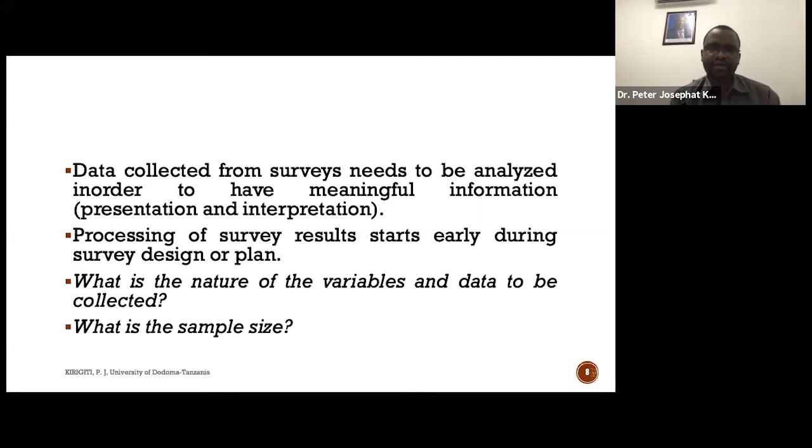This contributes to and determines the test statistics to be adopted and the design plan, the nature of the variables, and the data to be collected. What is the sample size? Is there a restriction?